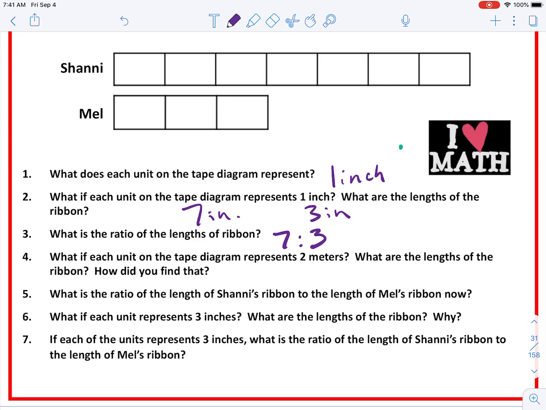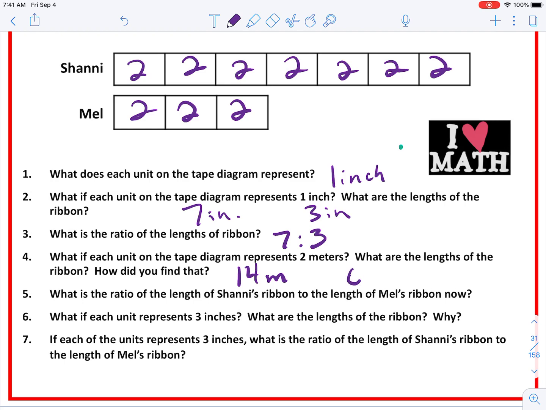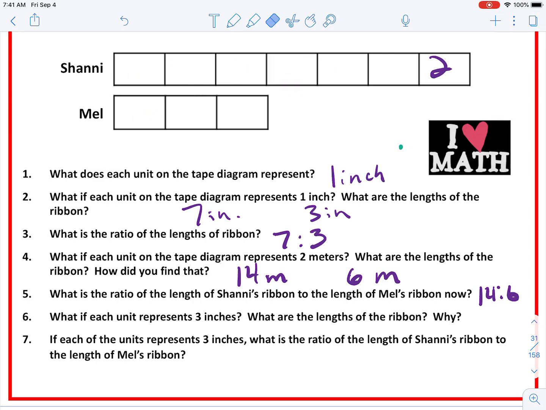Well, all we have to do is plug in 2 to each of these units, and we can figure that out. So now, adding those up, Channy would be 14 meters, and Mel would be 6 meters. And what is the new ratio? 14 to 6.